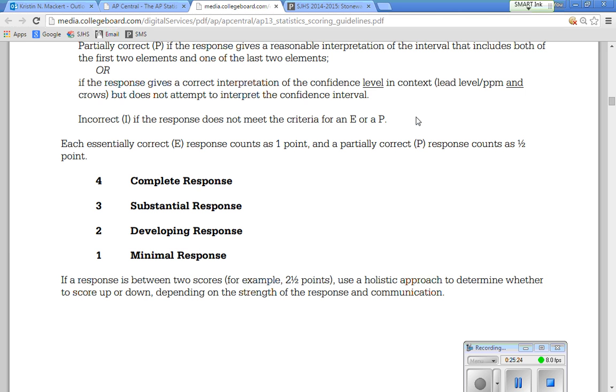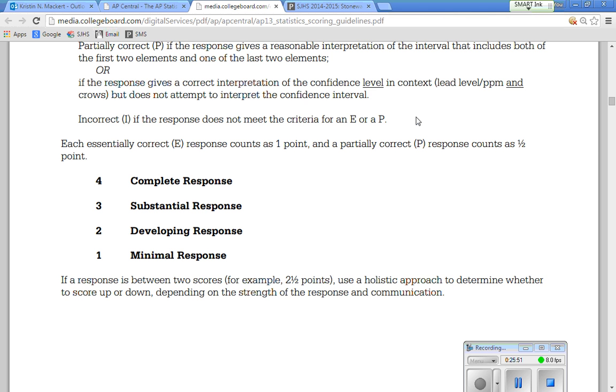If you got a 2.5 or a 3.5, what does that mean? Down here, the individual person who's grading your AP exam has to use what's called a holistic approach and make a decision as to whether you go up or whether you go down. So if you didn't use a formula and you didn't show enough work or you didn't interpret, or I don't think you demonstrated enough knowledge, I'm going to score you back down to a 2.